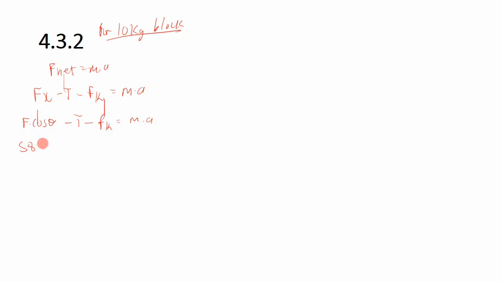So we have 58 cos 25 degrees minus the tension. Remember, tension we've already calculated is 13.38, and then minus Fk is equal to the mass, which is 10, times 2.72. The acceleration is all the same.